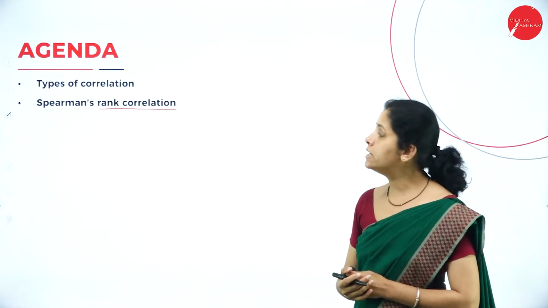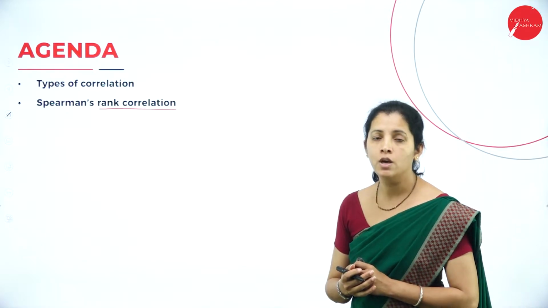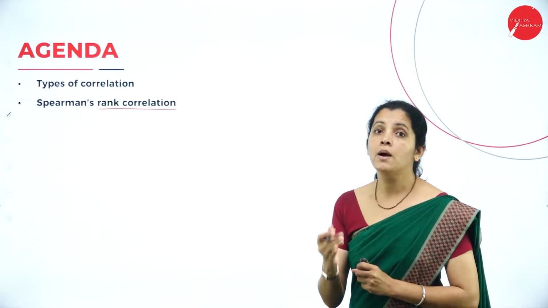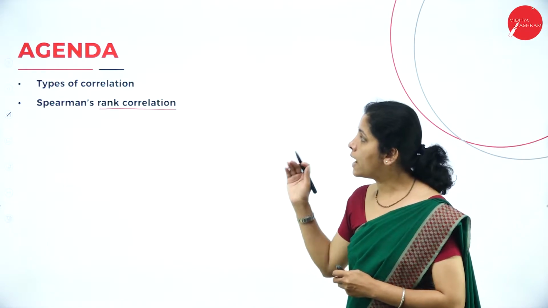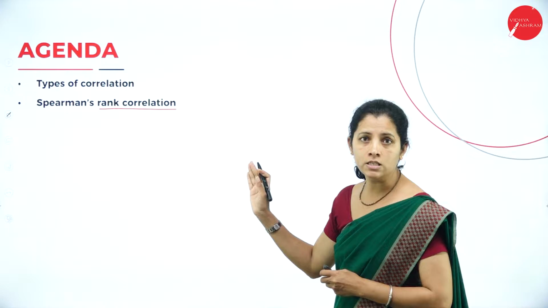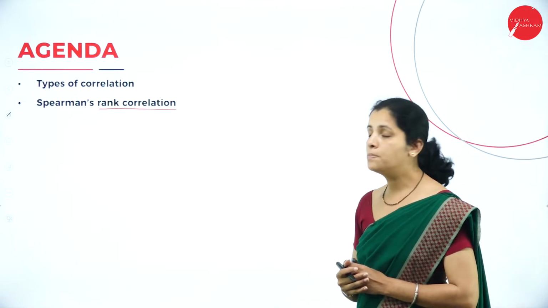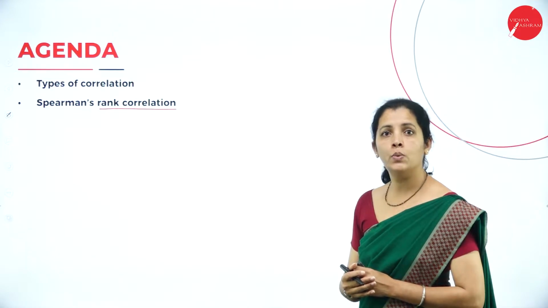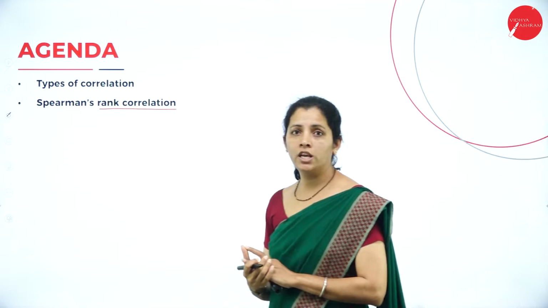Anyway, dear students, I'm going to explain the topic according to your syllabus, which is prescribed by Mysore University. According to the syllabus, you have to study what is correlation, types of correlation, and Spearman's rank correlation with some problems.